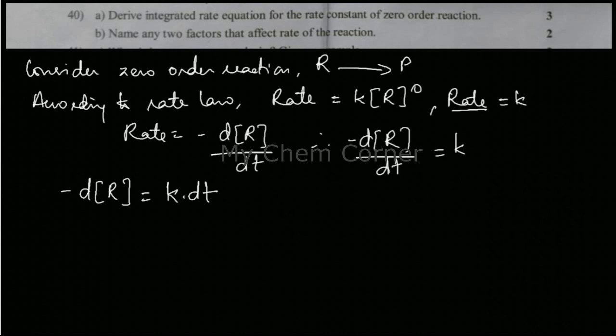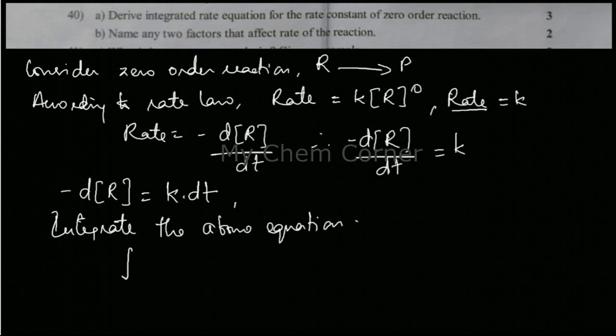Now you're going to integrate the above equation. When you do that, you will get integral of dR is equal to minus K integral of dt.